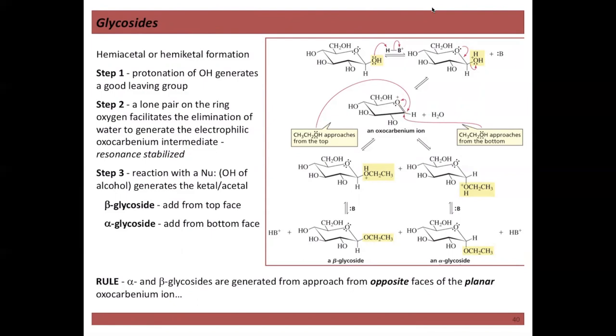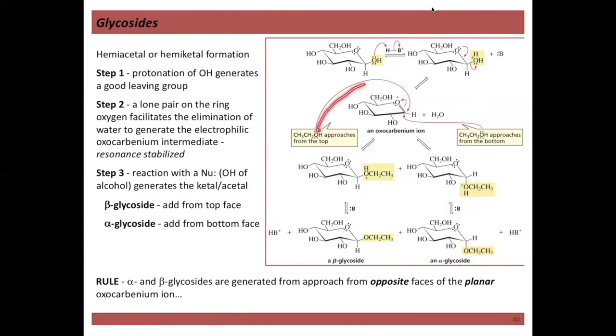And the way to quench that positive on a carbon is to have another alcohol attack. And that alcohol can attack from either the top or the bottom. Let's just follow it attacking from the bottom. When it attacks from the bottom, since it was neutral when it attacked, it has an extra H. And we just need to pull that off. And once we pull that H off, we have our glycosidic bond or an acetal.